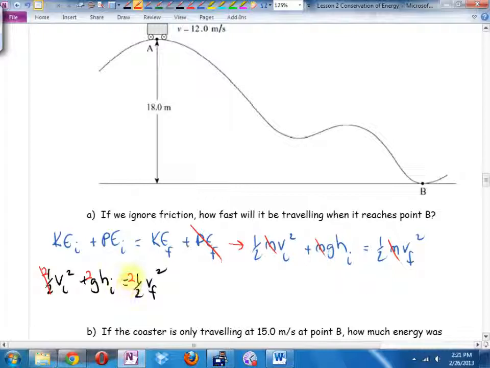Those will cancel. This 2 here won't cancel, but I still think it looks prettier. I'm going to get this: V initial squared plus 2 g h initial equals V final squared. See it so far? That should look familiar. Put your pencils down, look up.